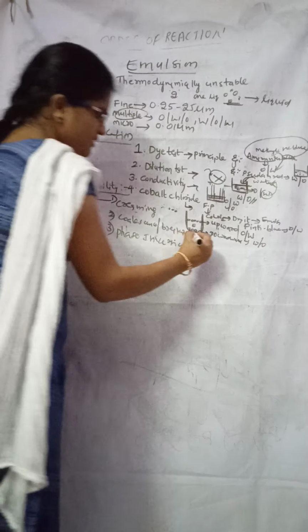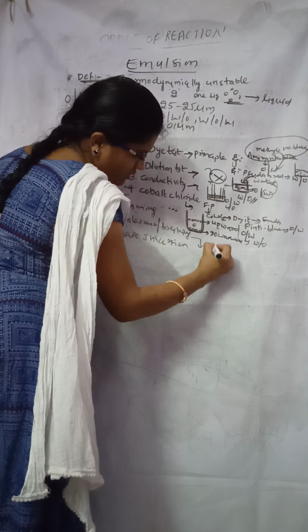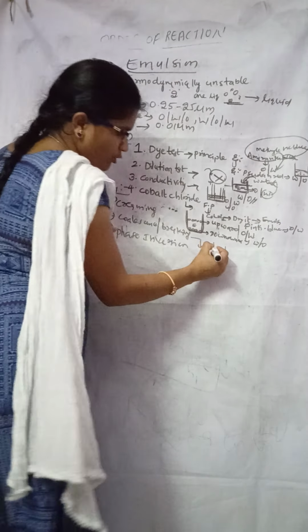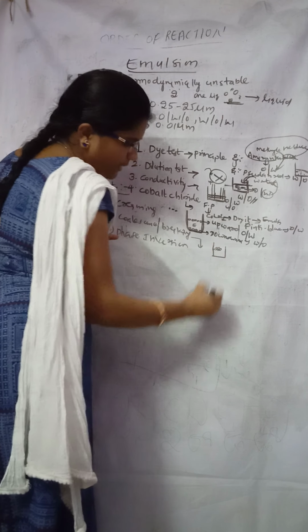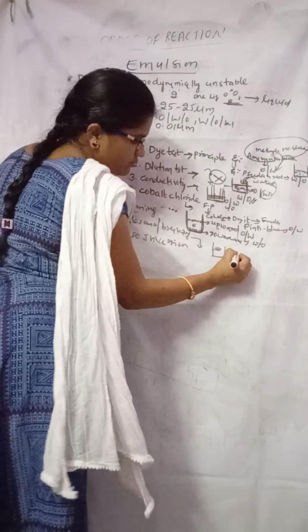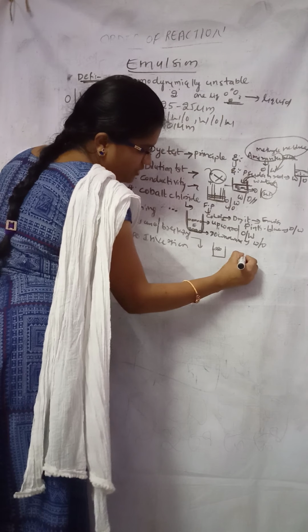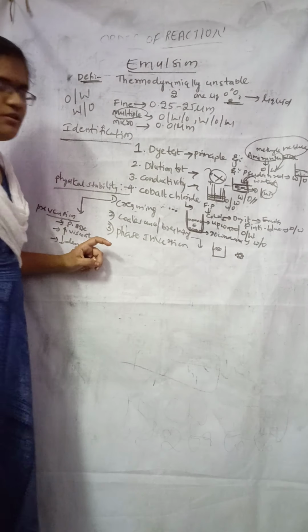Next is coalescence or breaking. When the emulsion is stored for a period of time, the globules will fuse with each other and form a big globule. Small globules fuse with one another and form a big globule.